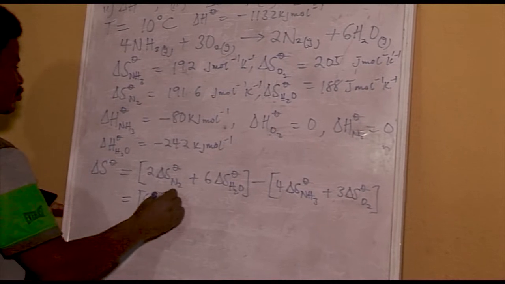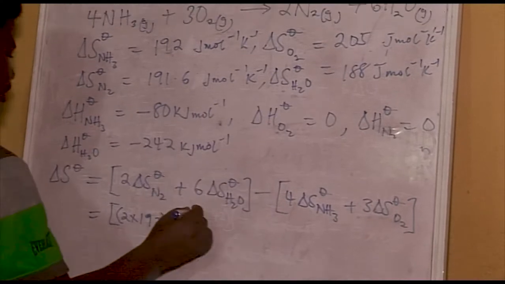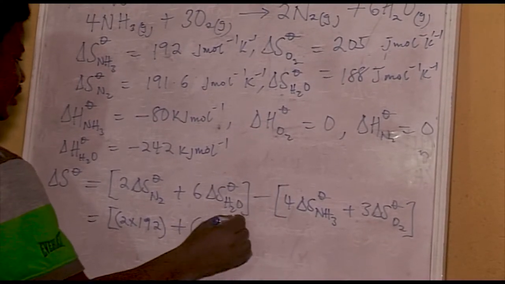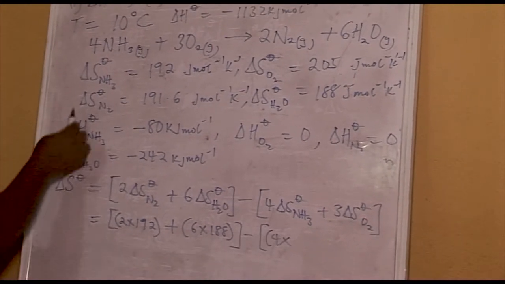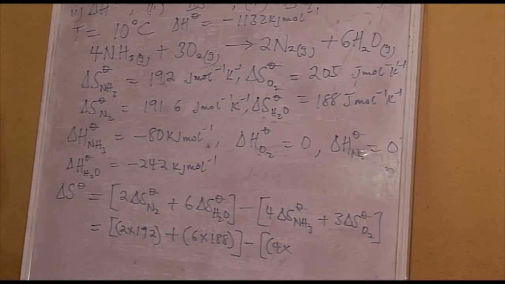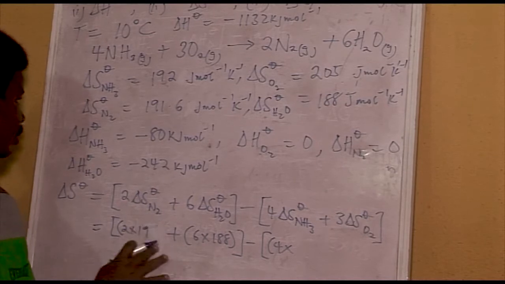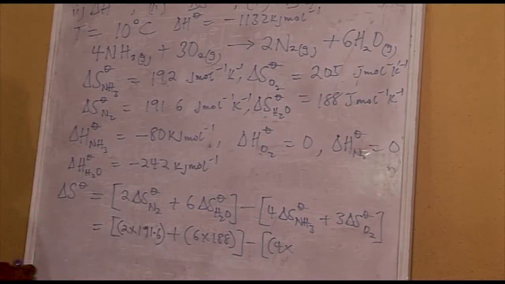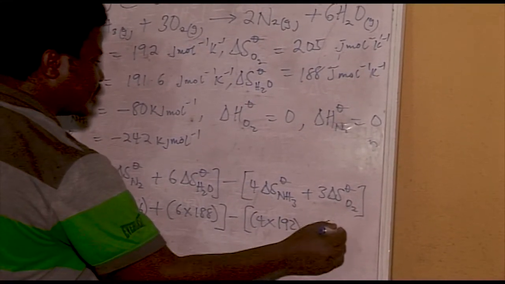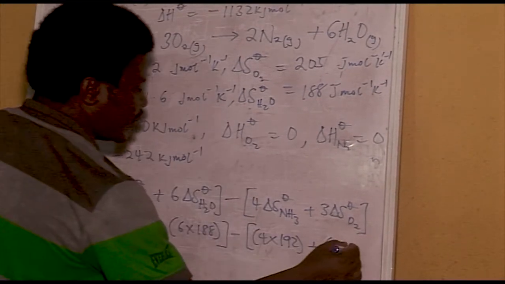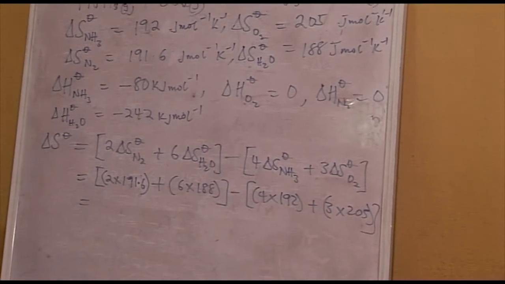The entropy for nitrogen is 191.6, so 2 times 191.6, plus that of gaseous water is 188, 6 times 188, minus, for ammonia, 192, so 4 times 192, plus 3 times 205 for oxygen.